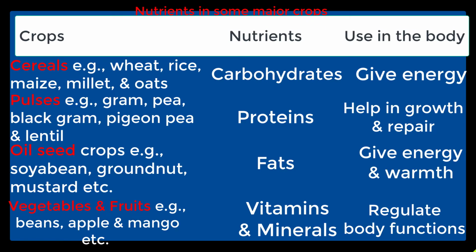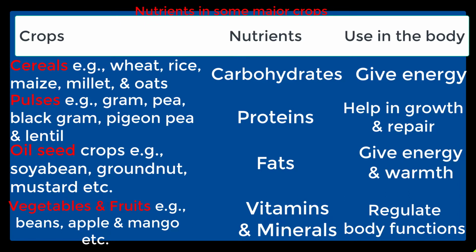Nutrients in some major crops. Cereals such as wheat, rice, maize, millet and sorghum provide us carbohydrate and their use in body they give energy. Pulses like gram, pea, black gram, green gram, pigeon pea, lentil provide us proteins and helps in growth and repair.